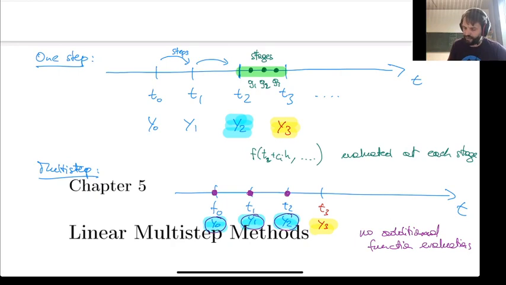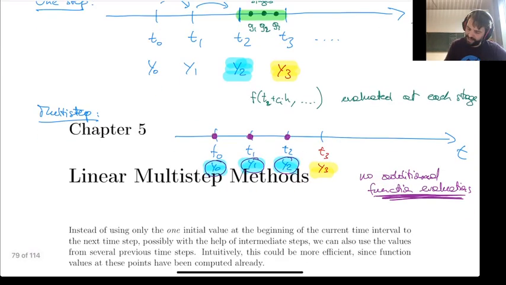Since the function evaluations are typically the expensive bit in these ODE solves, you do fewer function evaluations. So basically the main gain is fewer function evaluations. Okay, so that's now I've sold you why we would do multi-step methods.